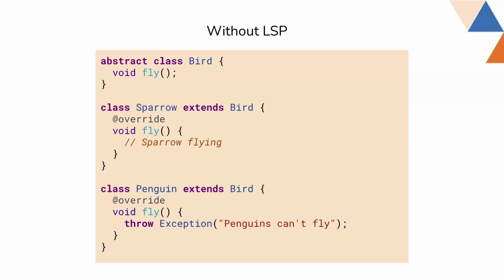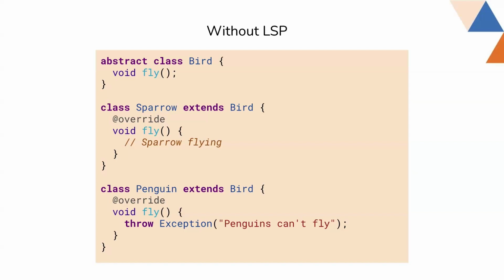So the Sparrow class extends the fly method, and so does the Penguin. In the fly method at the bottom, there is an exception thrown that the penguin can't fly, because a penguin is also a bird, but it has no functionality to fly. It can swim. The logic will be right for the Sparrow, but for the Penguin it will not be right. So that's how it is not following the Liskov substitution.